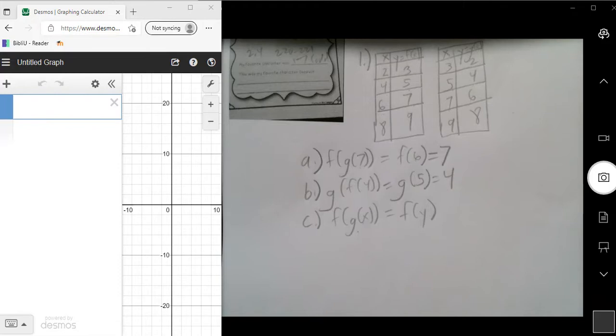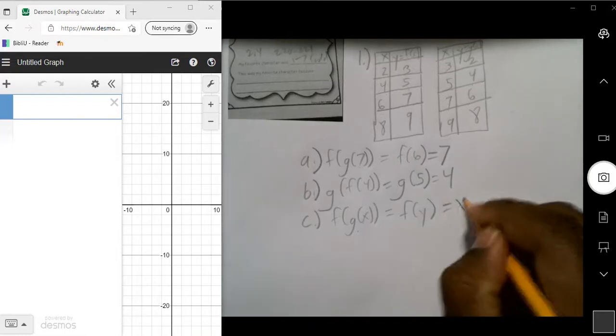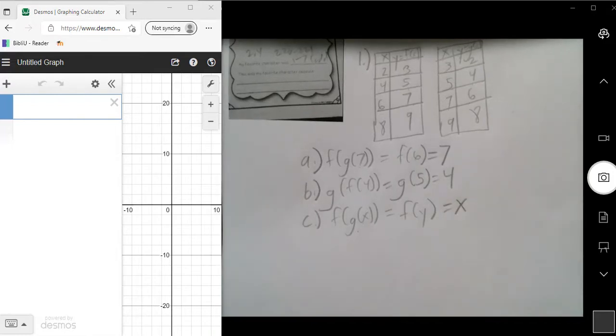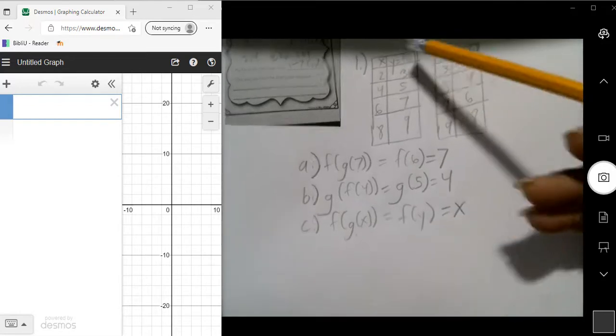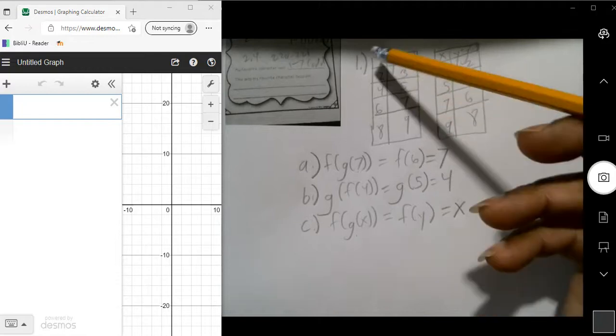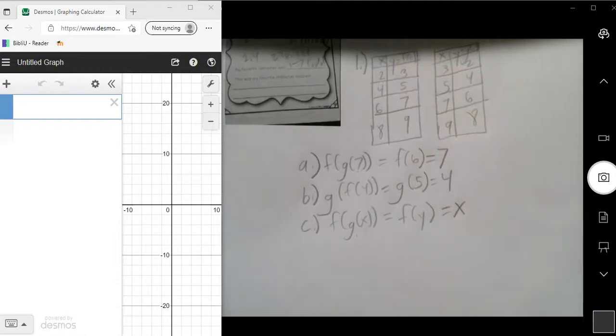Okay, so if g of x is equal to y, then if you look here, f of y is actually equal to whatever your x value is. Because remember, if we go in here and we substitute in the y value from the f, isn't it going to give us an x answer? Yes.